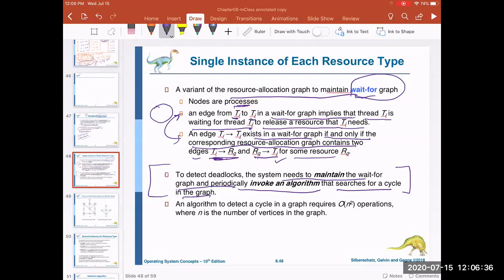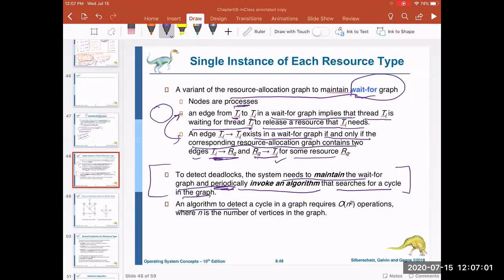Something similar is done here: the algorithm is run periodically, and it searches for a cycle in the graph. If there is a cycle, it means deadlock has happened. So it will try to remove that and find some remedy for that particular incident.